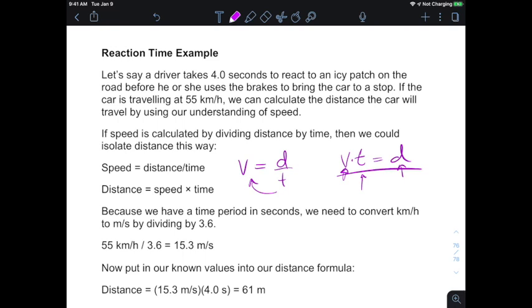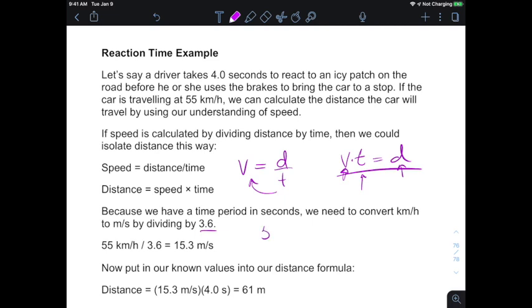Now we do need to use the same units, so we're going to have to convert our kilometers per hour into meters per second. Because we have a time period in seconds, we need to convert kilometers per hour to meters per second by dividing by 3.6.